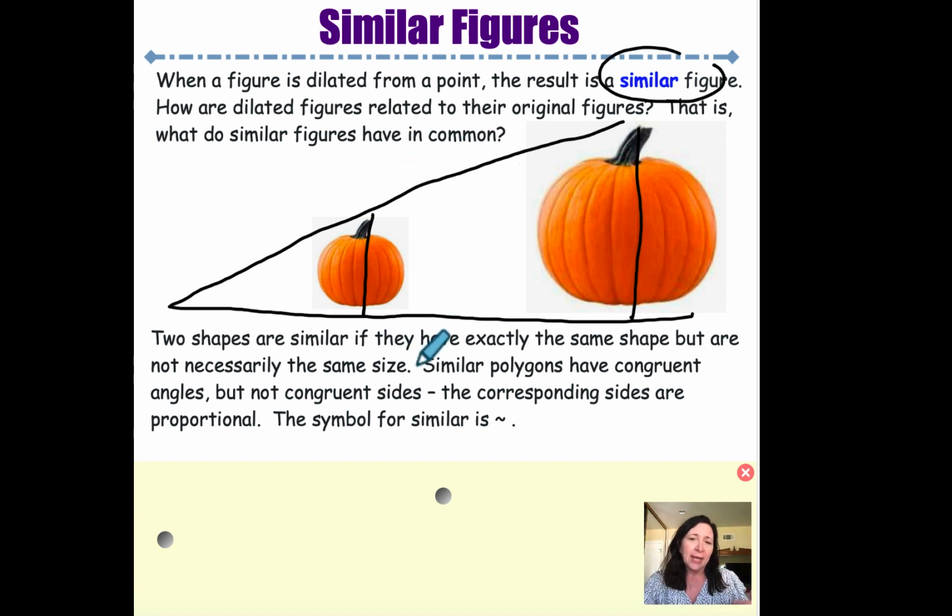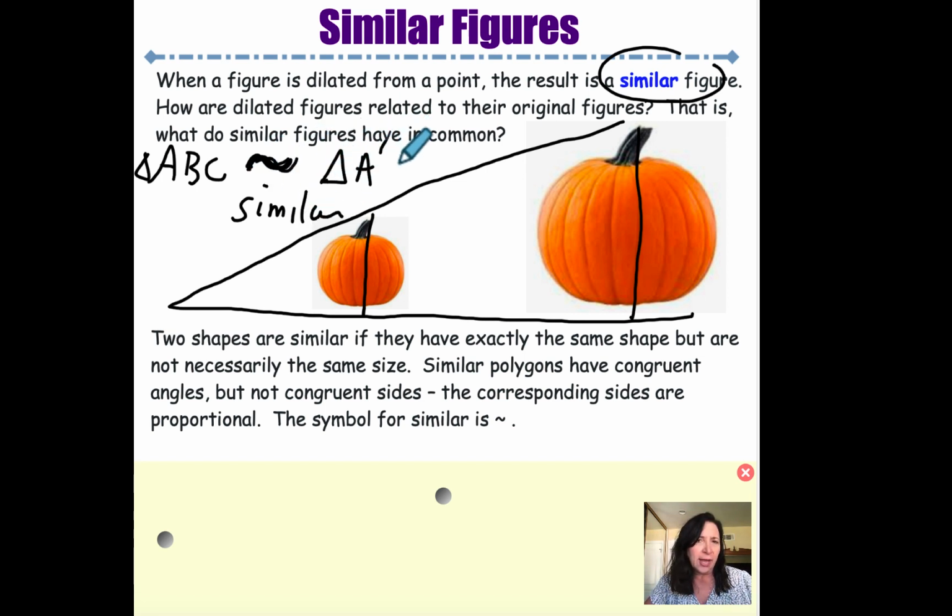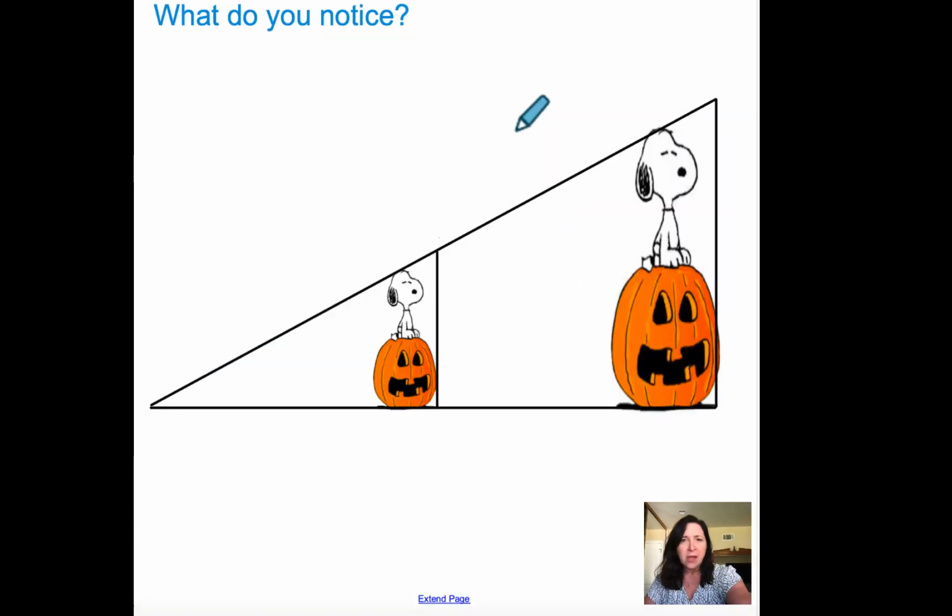Now, like on the previous screen, when we were talking about triangle ABC, and we said, hey, that's going to be, you know, similar. This is a little symbol that I use for something is similar. And you would say that triangle ABC is similar to triangle A prime, B prime, C prime, like that.